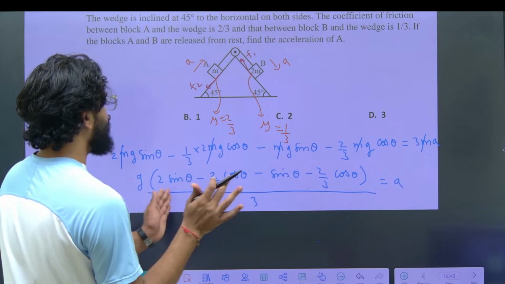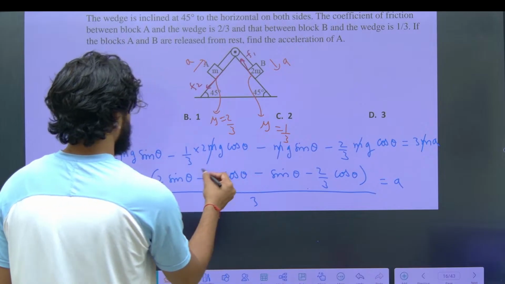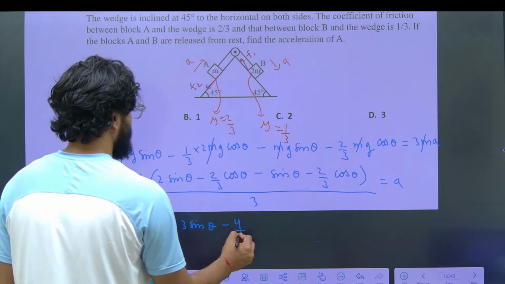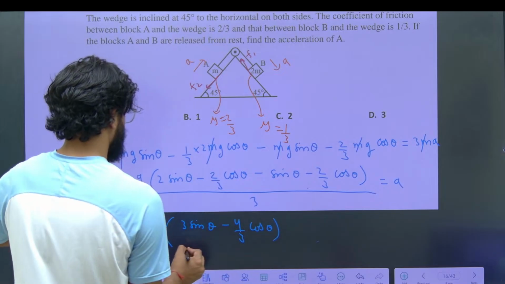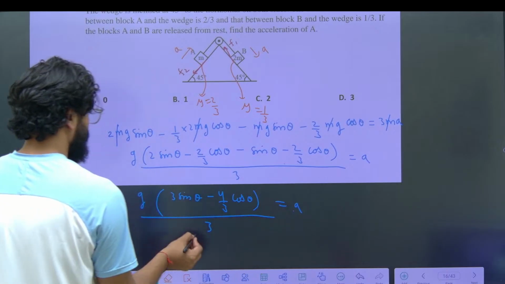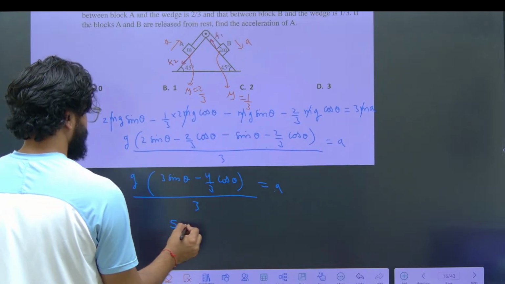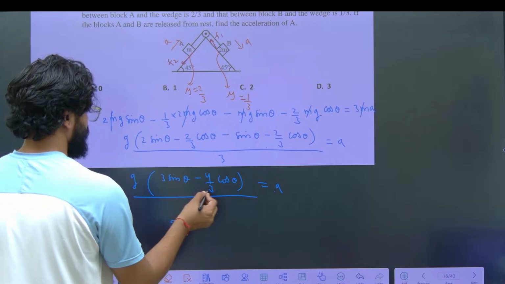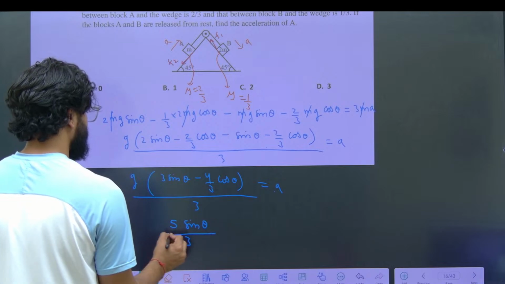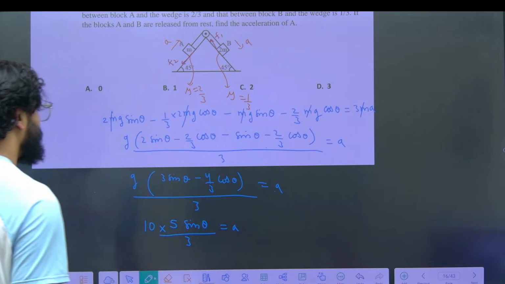So we are writing in sine format: g into 3 sin theta minus 4/3 cos theta, upon 3. We can write either sin theta or cos theta because the values are the same, correct? That is equal to a.